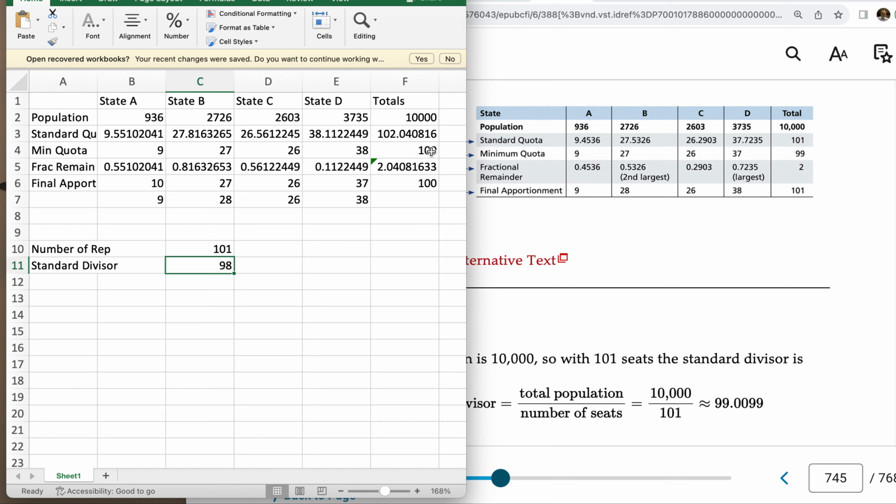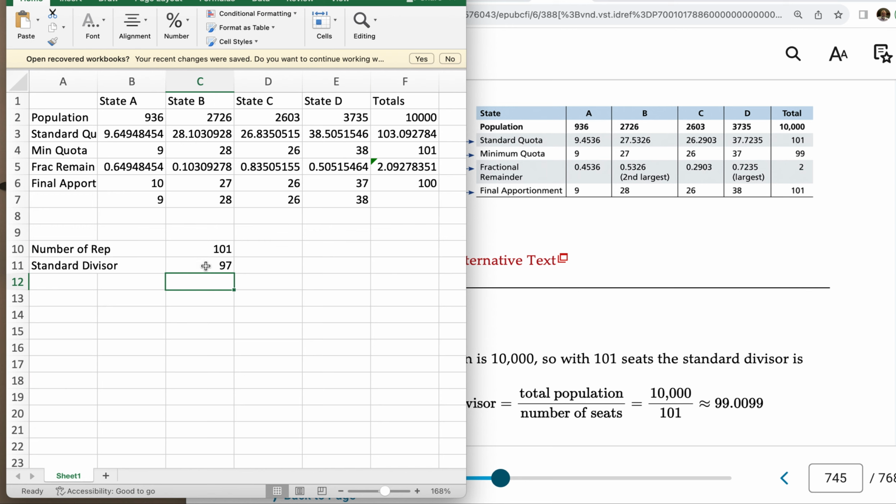Well, we're only allocating 100 right now. So he would say, well, let's divide by 97. And now we've got 101 allocated. State A only had 9 before, and it still has 9. And it avoided the Alabama paradox by, instead of using the standard divisor, using a modified standard divisor.